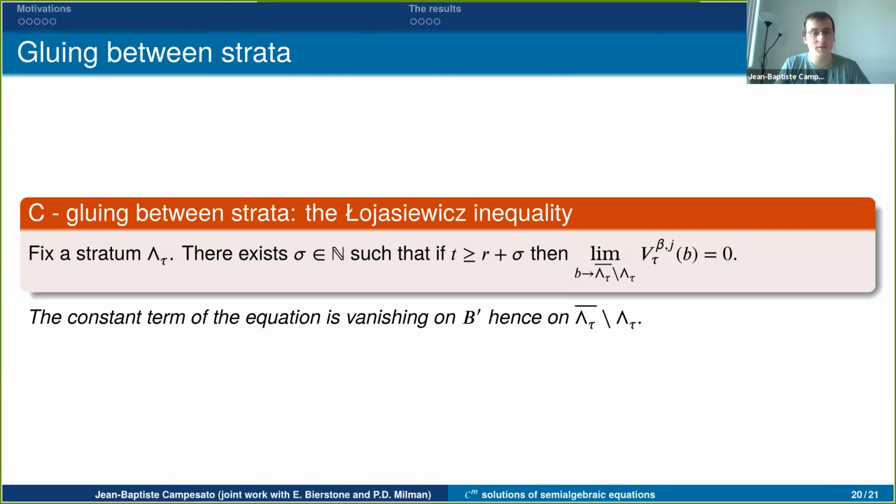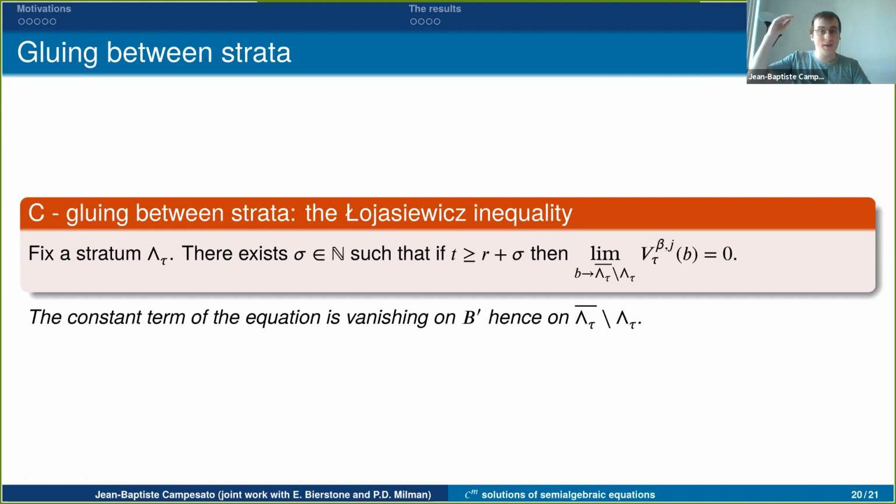But that's okay, because by assumption, the constant term of the equation is flat on B prime, and B prime is exactly the lower dimensional strata. So particularly on the boundary of our stratum, the equation is trivial. The constant term is flat.